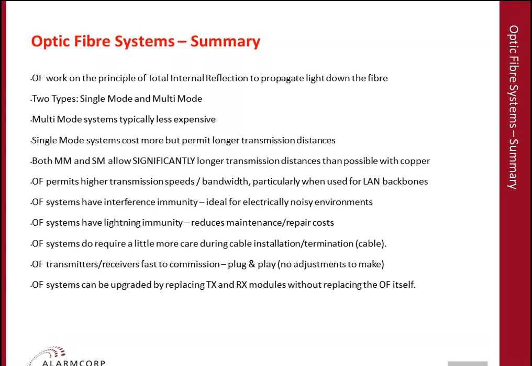If sometime down the track we decide to upgrade the system to a megapixel IP camera, all we need to do is change the camera and change the optic fiber encoder at the transmit and at the receive end, and the system can be upgraded without having to do anything to the optic fiber itself. And that is a major advantage.